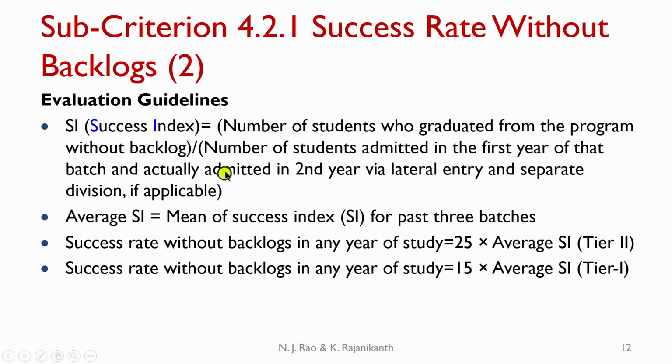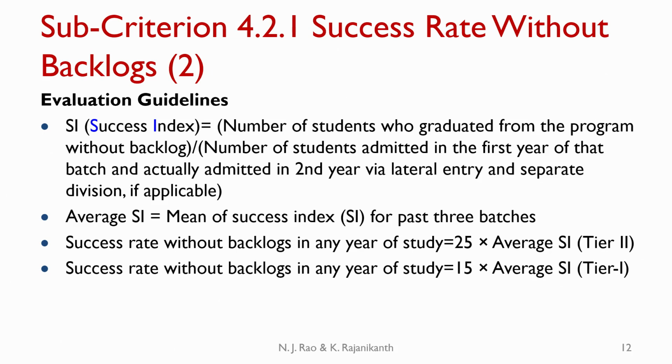So, you compute the total number of students as given here, and the ratio of the number of successful students to the number of students admitted is the success index. Average SI means you take the mean of the success index for the past 3 batches.